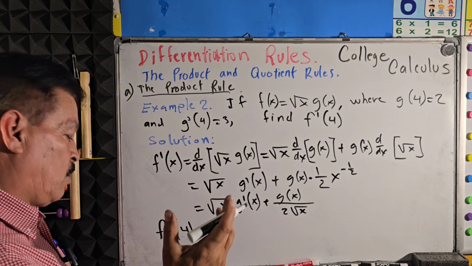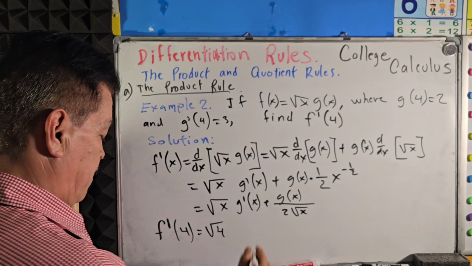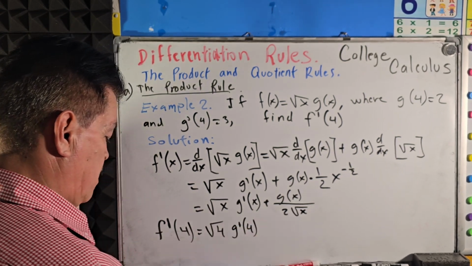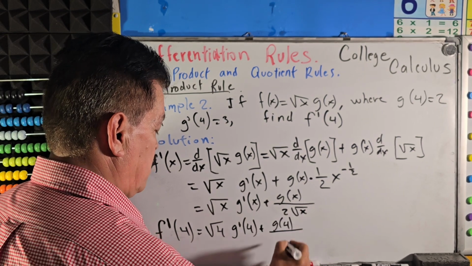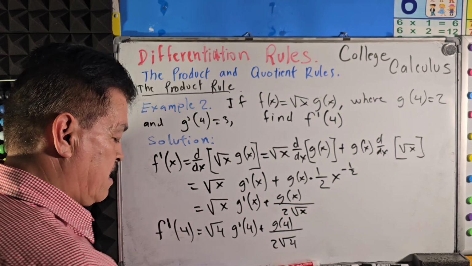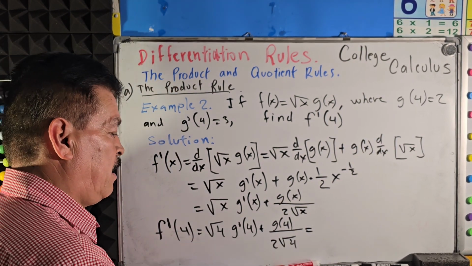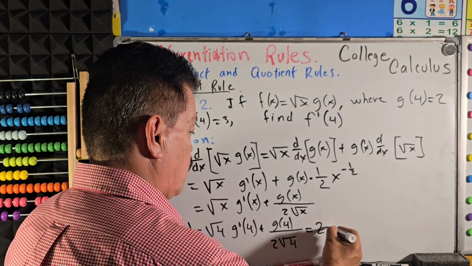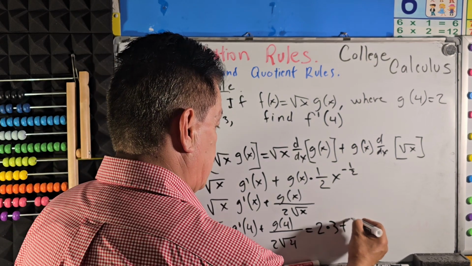Okay, so it equals square root of 4 times g prime of 4 plus g of 4 over 2 times square root of 4, right? If you simplify all these terms here, we will have 2 times 3 plus 2.